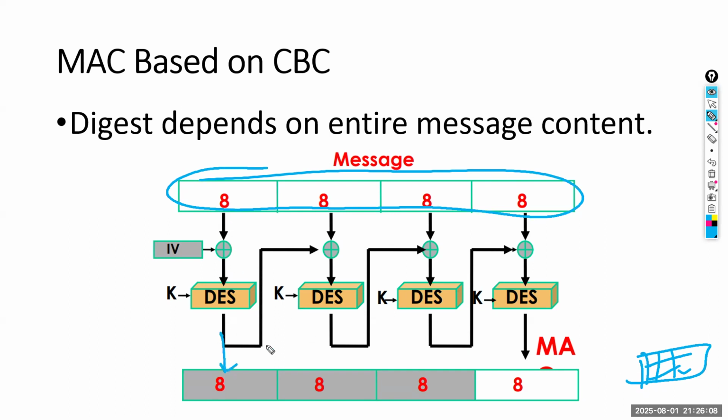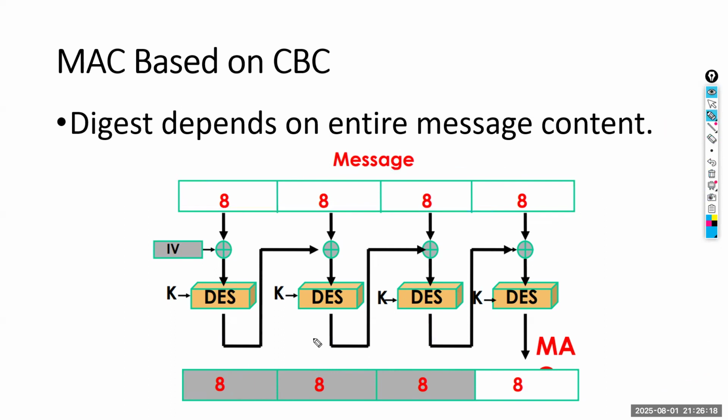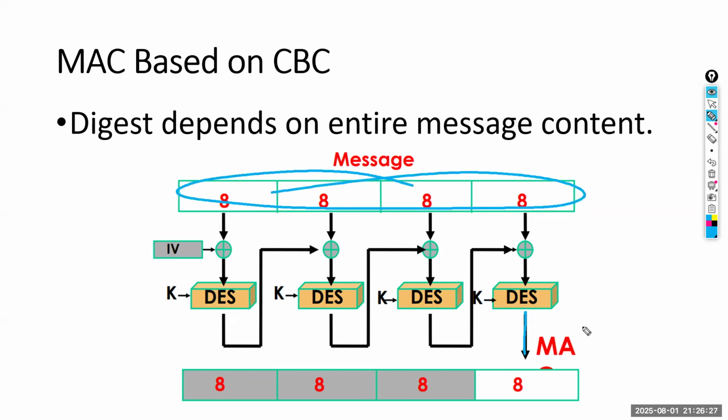It's the same process, but we don't take the individual encrypted values. Rather, we just keep feeding it, and the final value is a representation of your entire message that you can write as your MAC value, because that value depends on all your plain text.